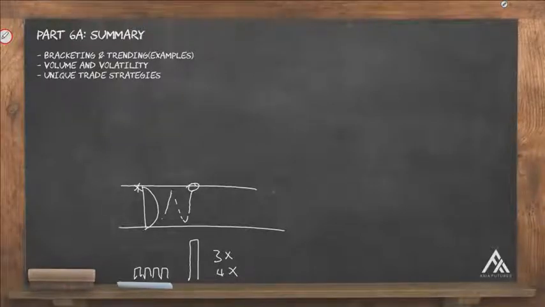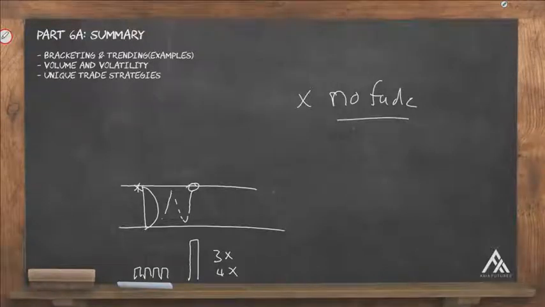Now, when that new business comes into the market, firstly, rule number 1, no fading. We do not want to employ strategies that suggest we go against volume. So if you can employ a rule of thumb into your trading, which is to not go against high volume moves up or down, you're already going to avoid a lot of pitfalls that a lot of traders make. So that's step one.